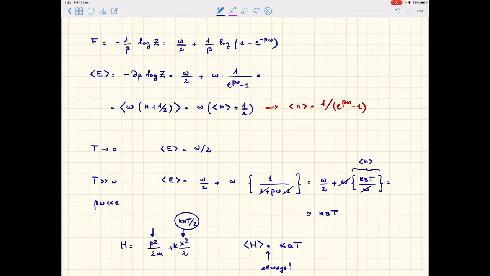Because when the temperature is much larger than the frequency, the average occupation number of your harmonic oscillator mode, kBT over omega, is much larger than 1. And now I hope you know that a harmonic oscillator is in the semi-classical or classical limit when its average occupation is much larger than 1. Right? Did you know this?